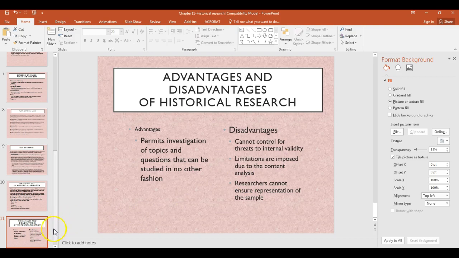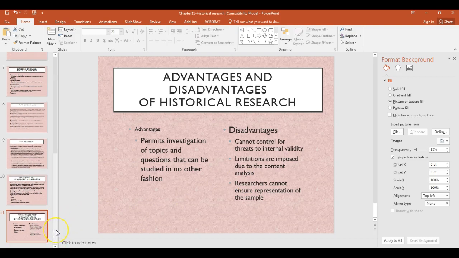But in many situations, it gives good, and the key word for historical research is logic. You're trying to interpret things and analyze things to make logic out of it, to help people understand why and how things happened in the past, and how and what can you do in the present or in the future in order to learn from the past mistakes, basically.